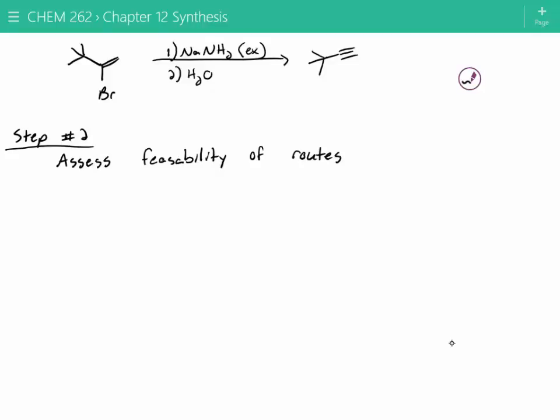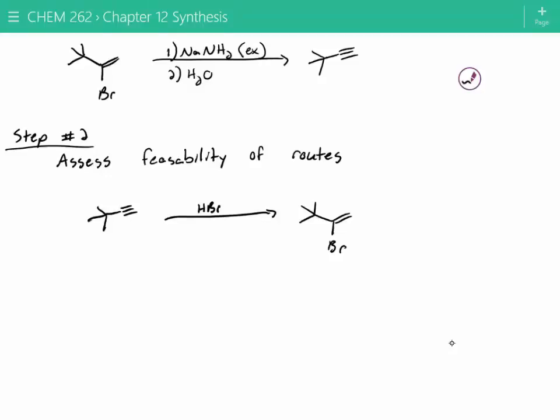So let's take a look at this first one that I left at the top of the screen. What ways do we know of that we can make this monohalo alkene? That you start with an alkyne and use one equivalent of hydrochloric acid. Yeah, exactly. So if we have HBr, we can do that. Is that a very good route?